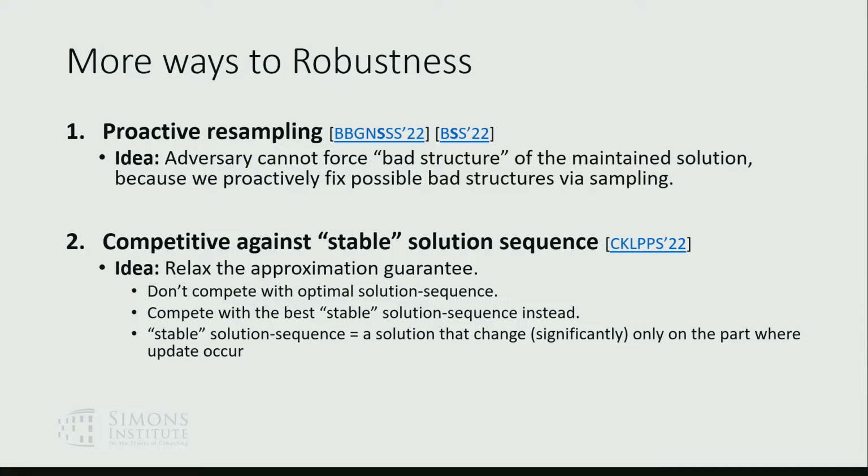So they relax the approximation guarantee and don't try to be optimal at all times, but just try to be competitive to something that they call stable. And once you do that, you can maintain something that is maybe not optimal, but nice enough for the application.